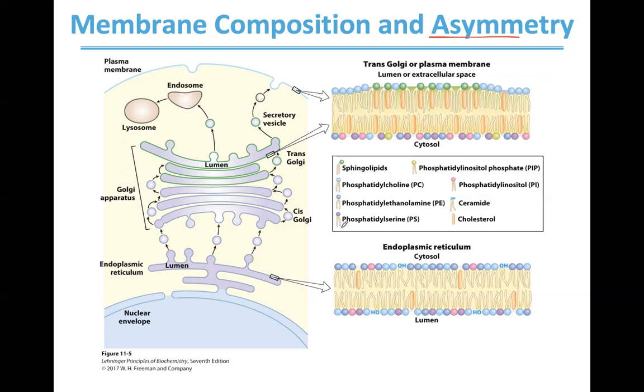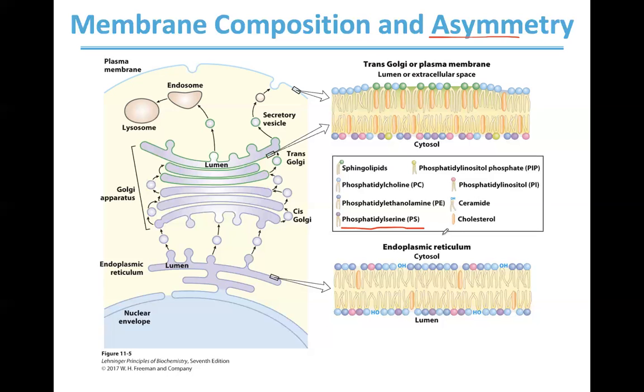But for example, this one, I can tell you, it's actually phosphatidylserine. Now this one is important because it's a signal type lipid. So normally the outer layer of the cell membrane does not have phosphatidylserine, right?